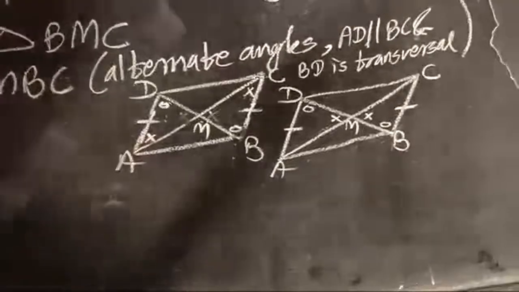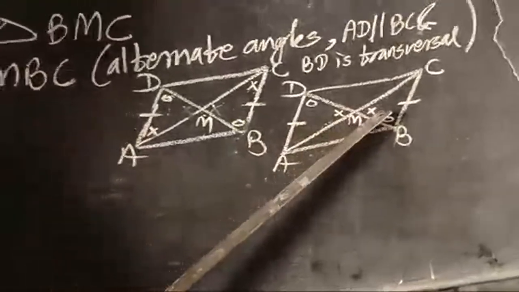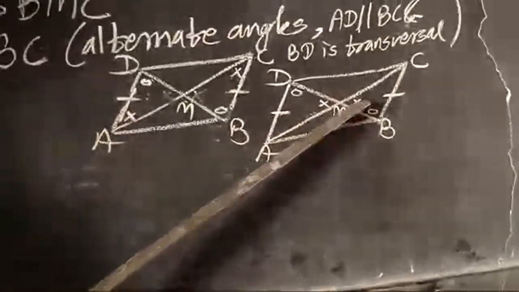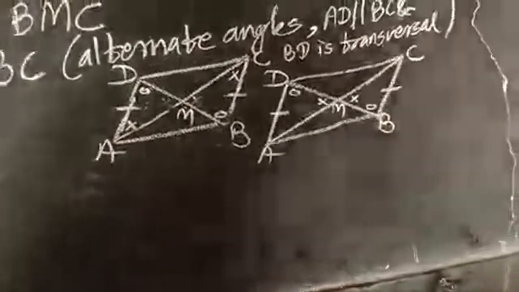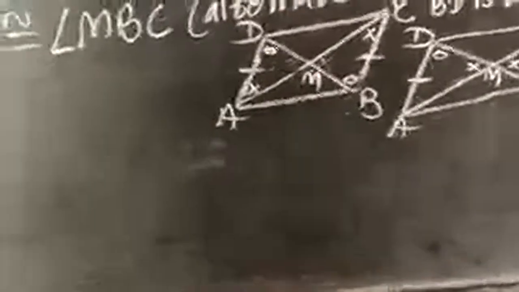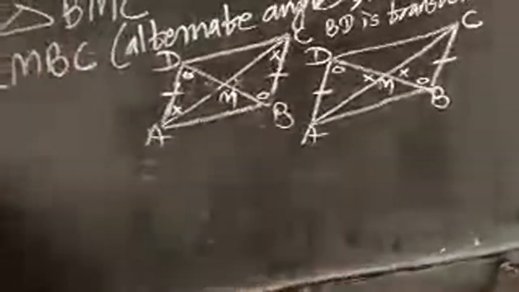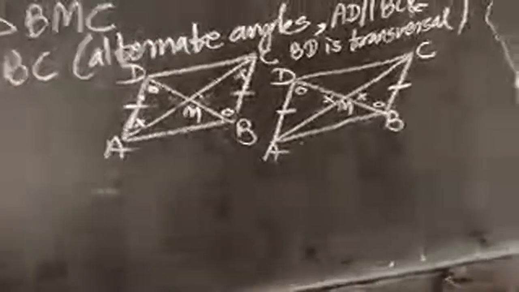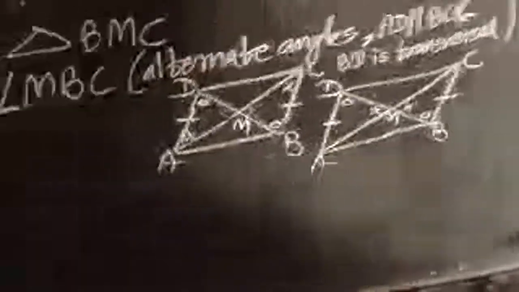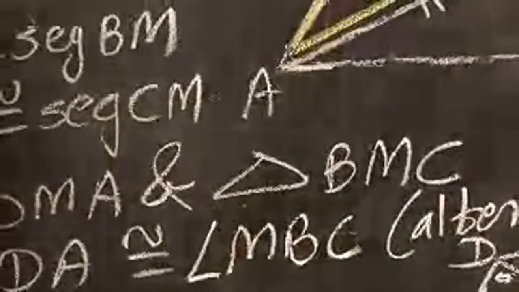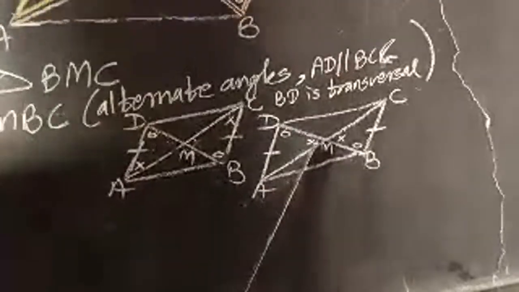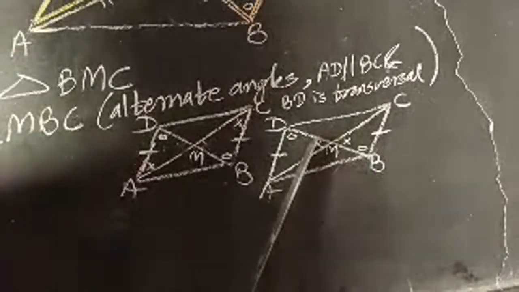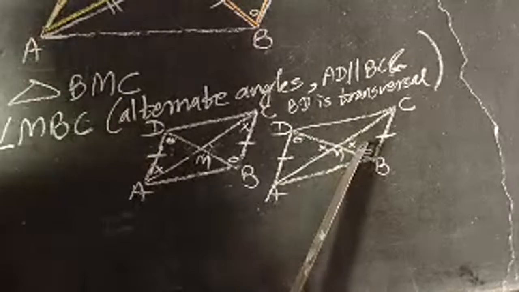Vertically opposite angles. Opposite angles are always congruent. Yes, these angles are congruent because these are opposite angles.